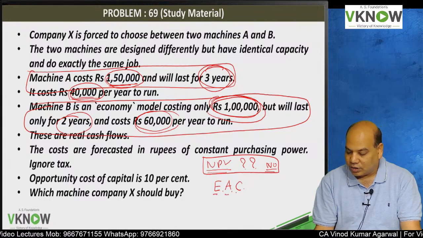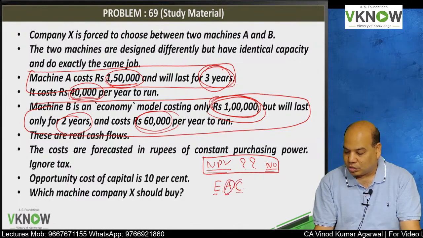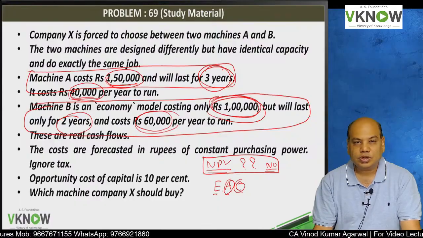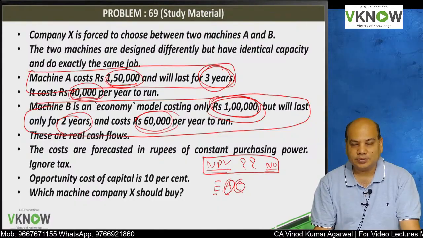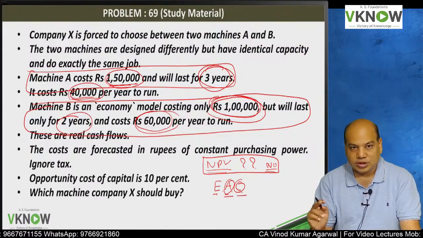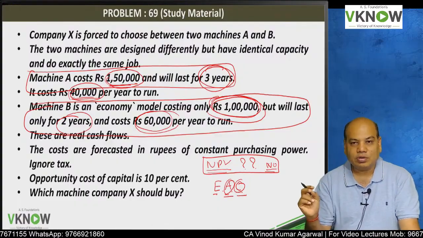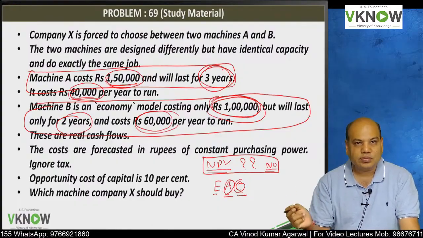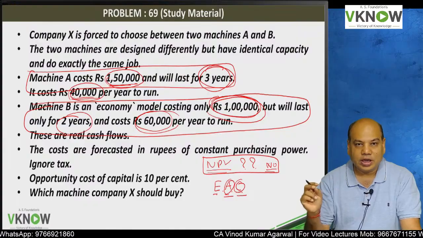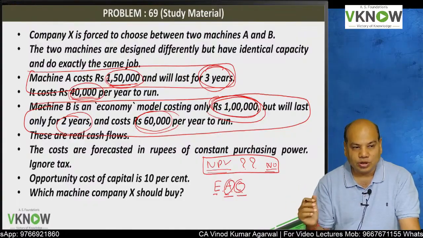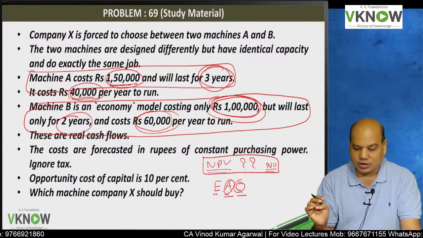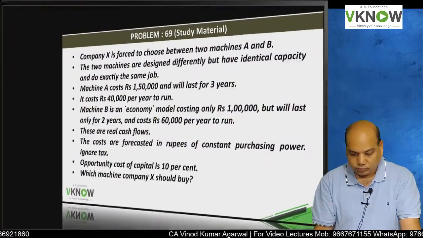What is the annual cost per annum of using machine A, and what is the annual cost per annum of using machine B? Wherever the annual cost per annum is lower, that option we will exercise. So we'll have to find out EAC.